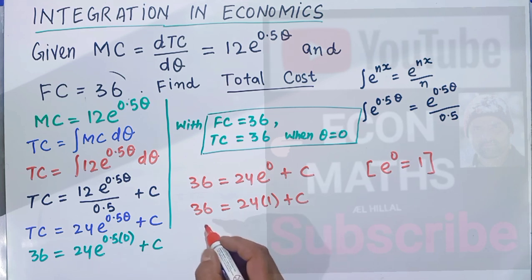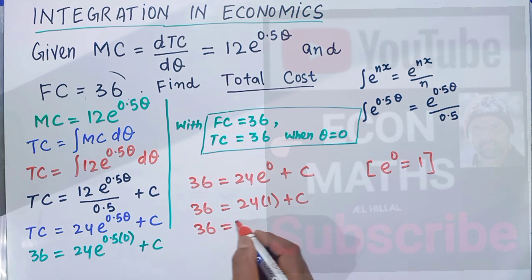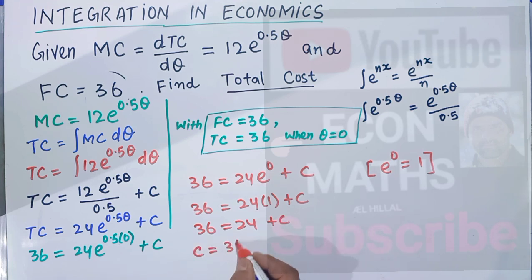So 36 is equal to 24 plus c, which gives us c is equal to 36 minus 24, which implies our constant of integration will be equal to 12.